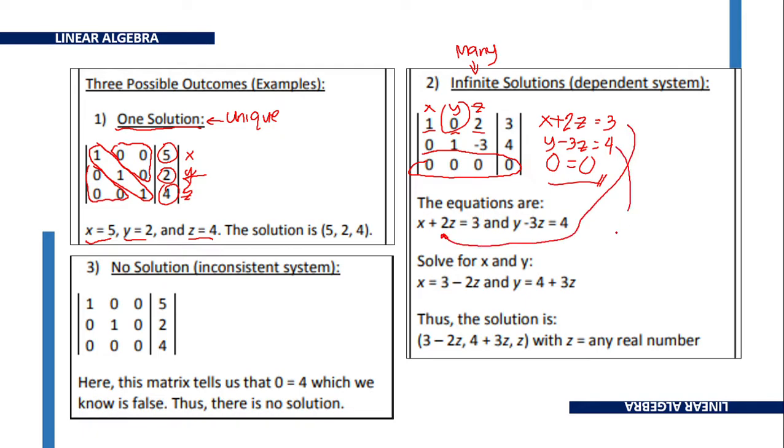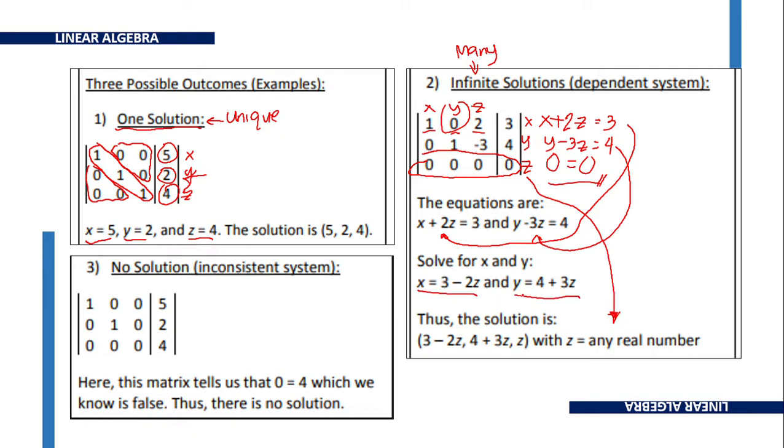Kasi, di ba, usually, kapag many solution equations yung nakukuha natin, nagle-let tayo. Mapapansin nyo dito, is 0 is equal to 0, eh, kay Z siya. Dito sa part na Z, kasi, di ba, X, Y, Z ito. 0 is equal to 0, meaning, yung Z natin is any real number. So, ito yung ating dalawang equation.